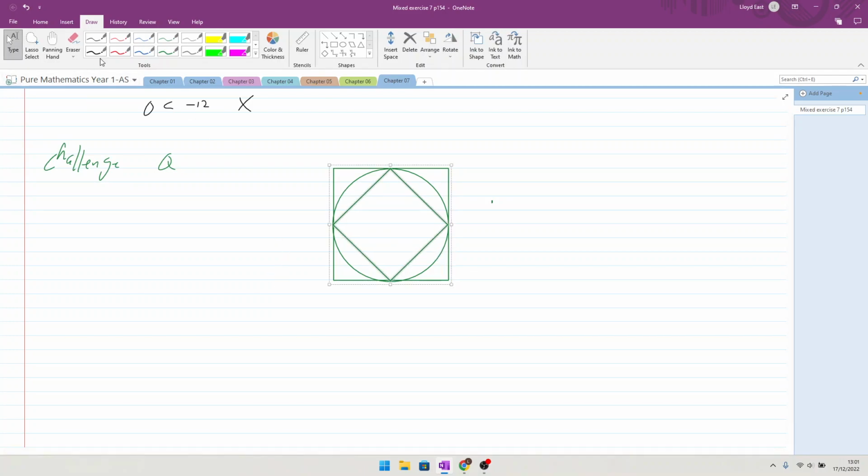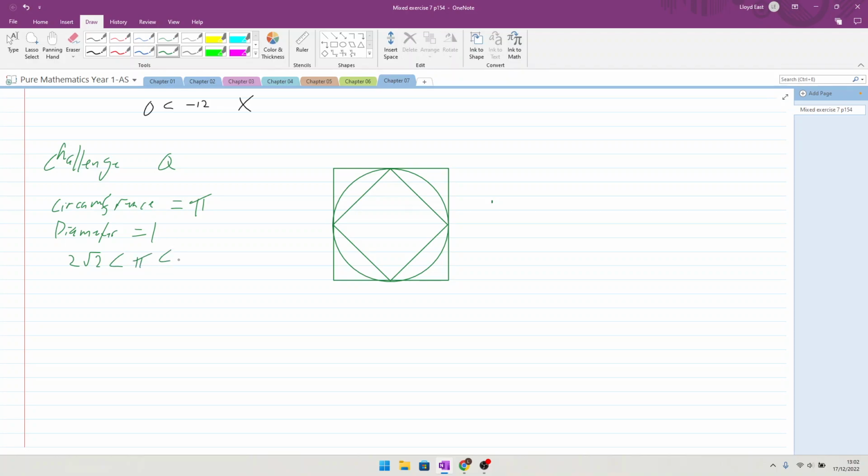Okay, and so they have said, given that pi is defined as the circumference of a circle of diameter 1 unit, so the circumference is equal to pi and the diameter is equal to 1, then prove that 2 root 2 is less than pi is less than 4.